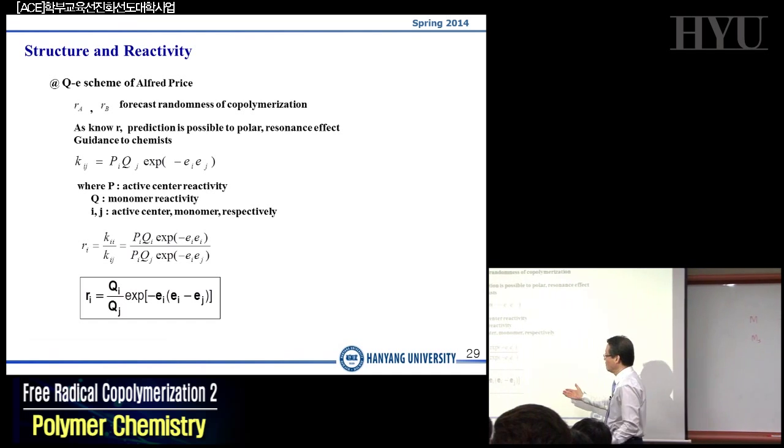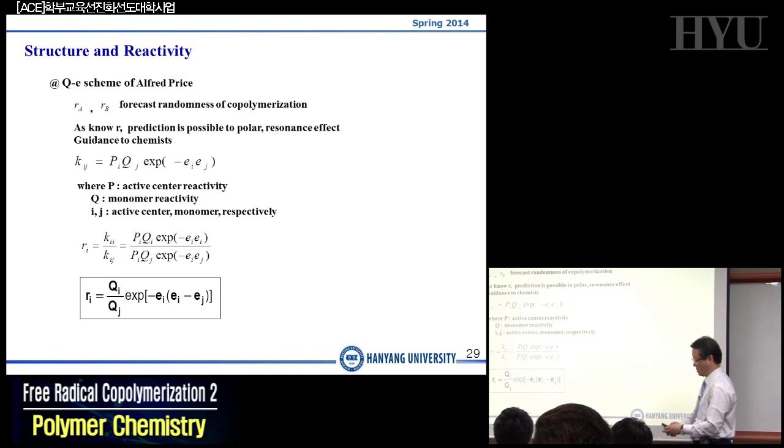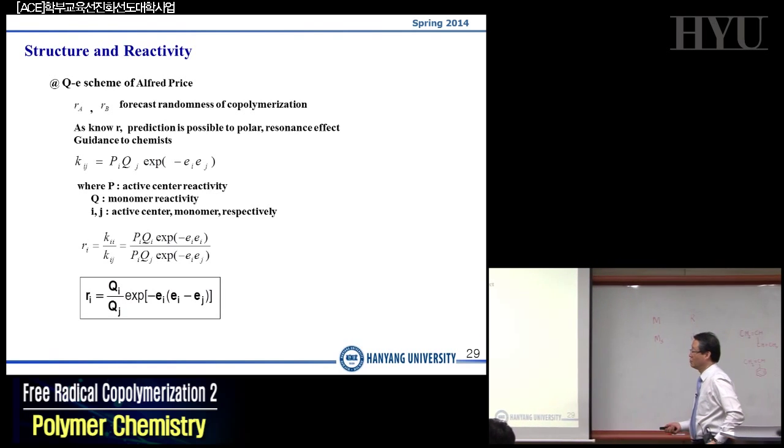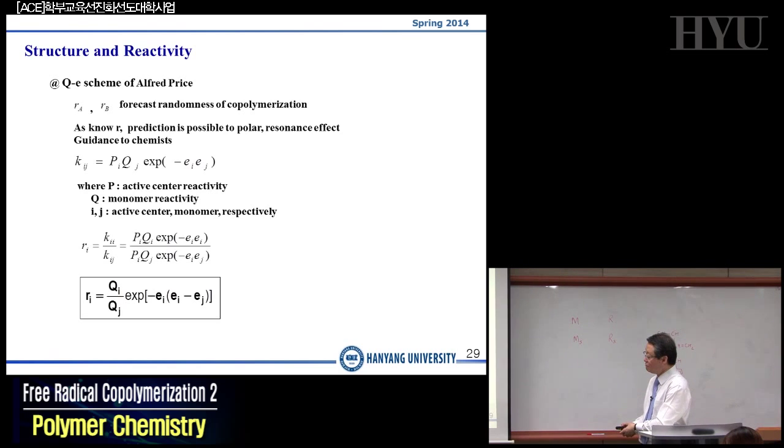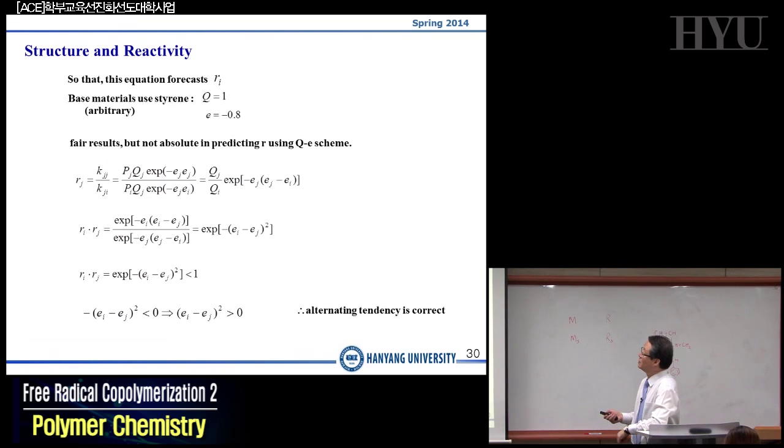The QE scheme was quite well known at the time, because you do not need to complicate the experimental determination of R1 and R2, just like what I introduced at the beginning with the Fineman-Ross and Mayo-Lewis methods. So this equation forecasts R because you know the Q and E values.